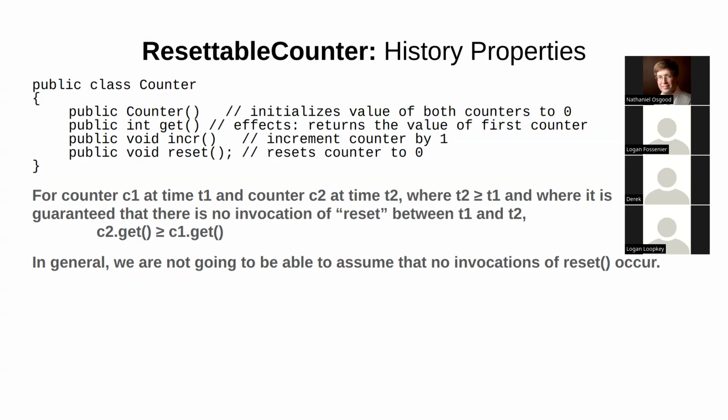And after you call that thing, you're using it again, you don't know if its value now is greater than or equal to when you passed it off, right? They may have called reset. So in general, you don't control when they're going to call reset if you've passed it somewhere else. And so the history property only obtains if you're sure they haven't called reset. Are we comfortable with that? Okay.